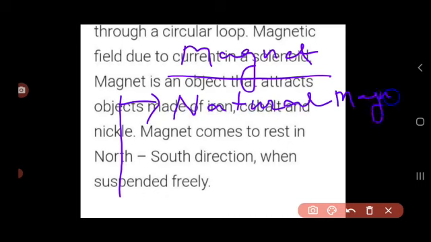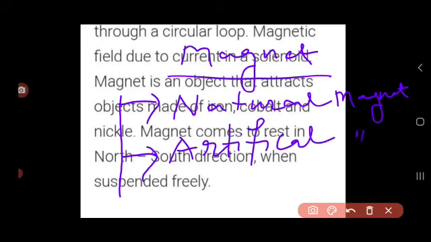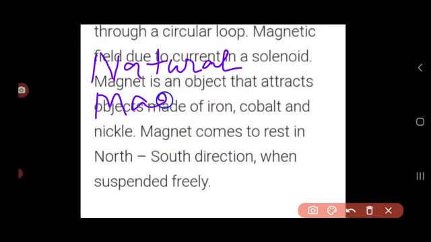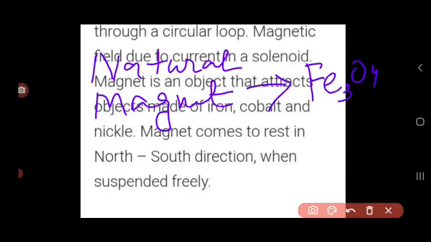It comes in the form of iron oxide, Fe3O4, and in the ancient period this natural magnet was termed lodestone. The meaning of lodestone is wayfinder or pathfinder.